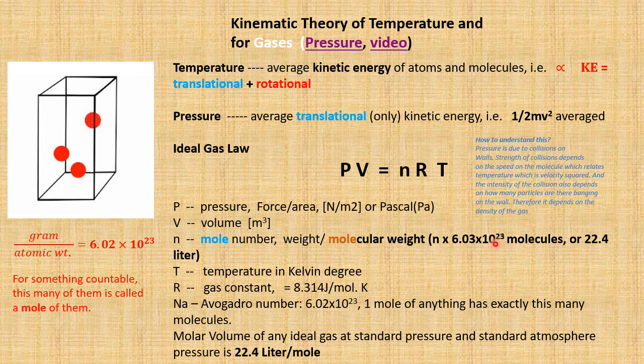And what about 1 mole of water molecules? Water is H2O. So each H is 1, 2 H is 2, and oxygen has the weight of 16. So 1 mole of water weighs 18 grams. But they have the same number of water molecules, 6.02 times 10 to the 23.